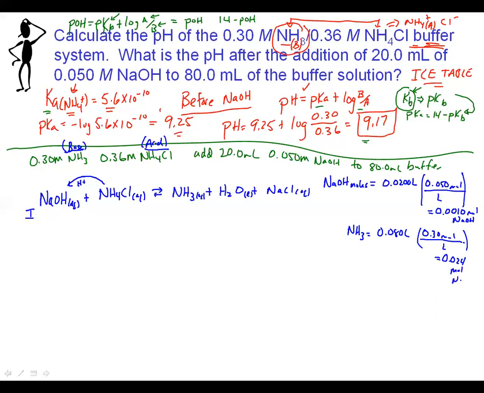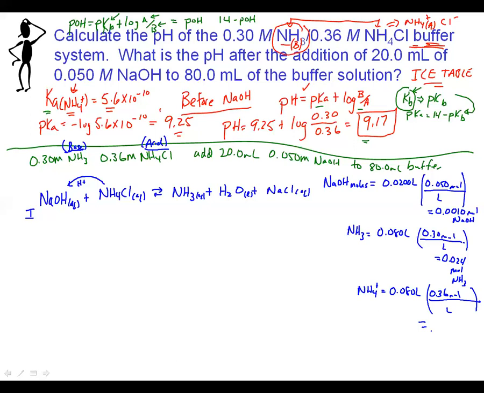And lastly, we are going to get the moles of our NH4 plus, which would be 0.08 liters, which is our 80 milliliters, times the molarity of our NH4 plus, which is 0.36 moles per liter. And that's going to get us 0.0288.